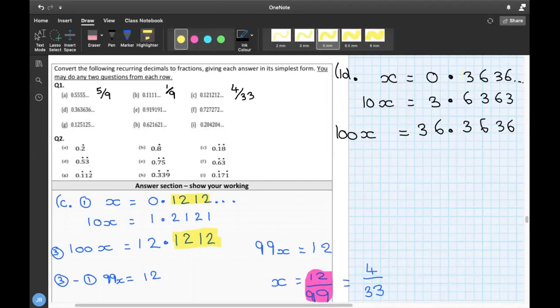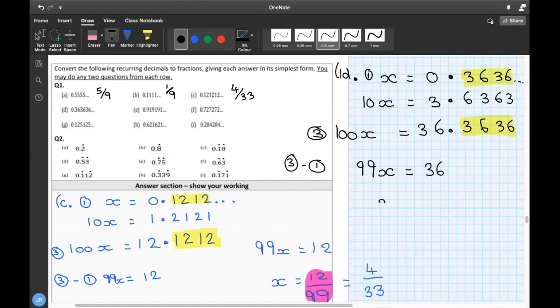We now have the same values after our decimal point. This was equation 3, this was equation 1. We're now going to do equation 3, take away equation 1. So we've got 100x take away 1x, leaving us with 99x. And then we've got 36.36 recurring, take away 0.36 recurring. So that will just leave us with 36. And to get from 99x to x, you divide by 99.